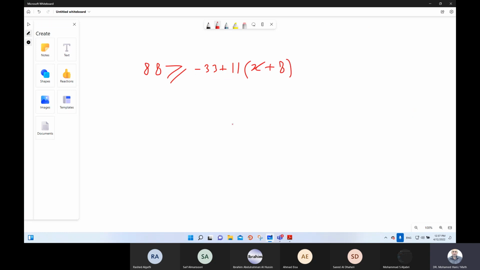How to solve this inequality? Rewrite the same inequality: 88 greater than or equal to minus 33.